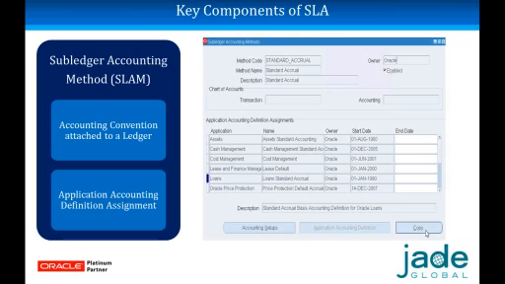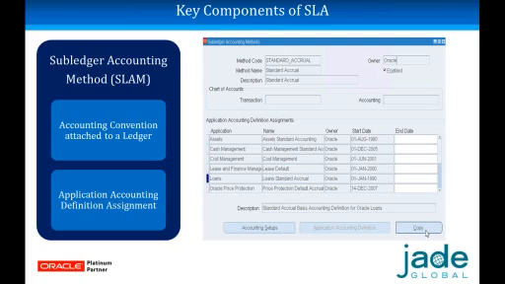The screenshot, as you can see, is an example of a seeded Subledger accounting method, which is the Standard Accrual. It contains the different applications or modules with the corresponding application accounting definition, which can either be seeded or custom.